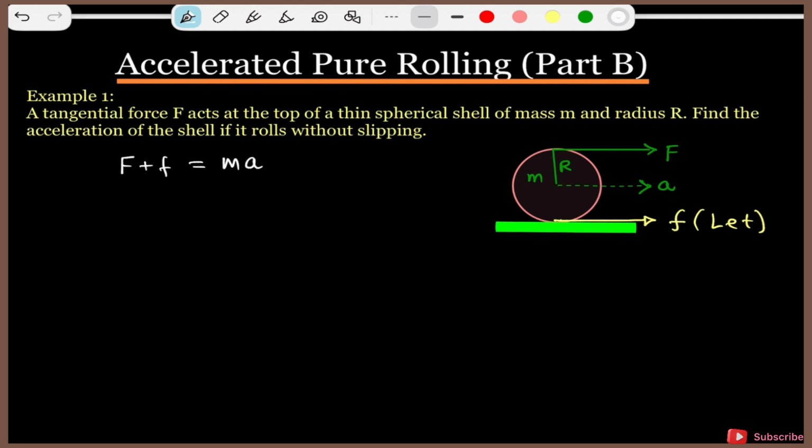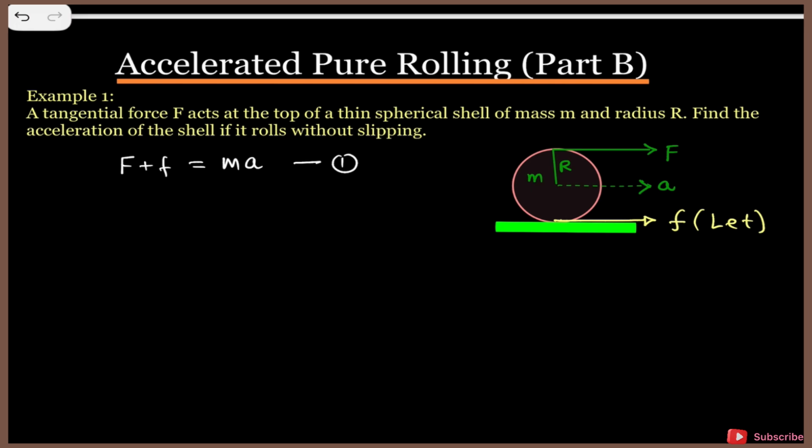And from the rotational perspective, the second equation belongs to torque. The torque applied by this force is in the clockwise direction, but the torque applied by the friction about the center of mass is in the anti-clockwise direction. So the torque by force is positive and torque by friction is negative.